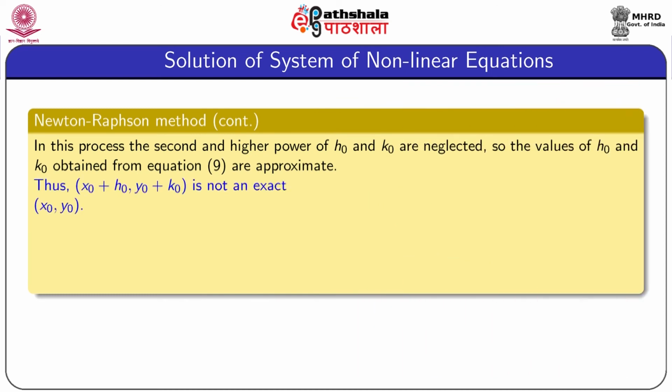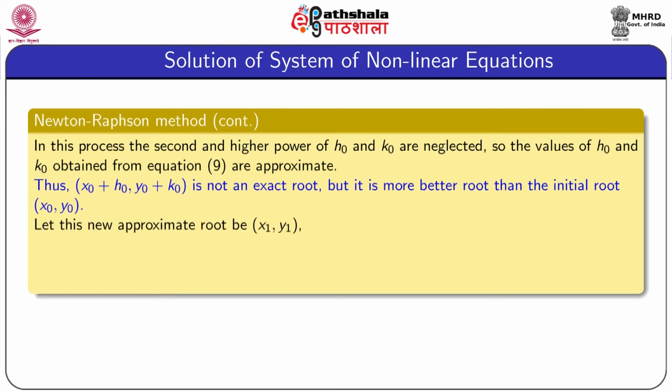Therefore, the first approximate value of x is x1 = x0 + h0, and y1 = y0 + k0. Since these values are obtained by neglecting the higher powers of h0 and k0, we obtain only a first approximation, denoted by (x1, y1). So this is the first approximated value obtained by the Newton-Raphson method, where h0 and k0 are evaluated in the previous slide.